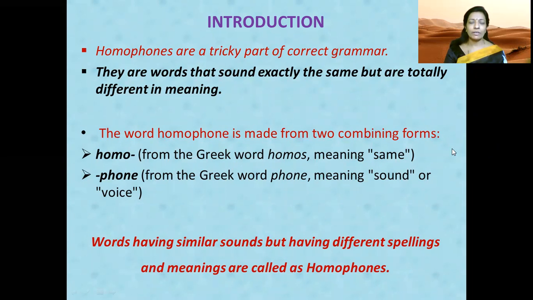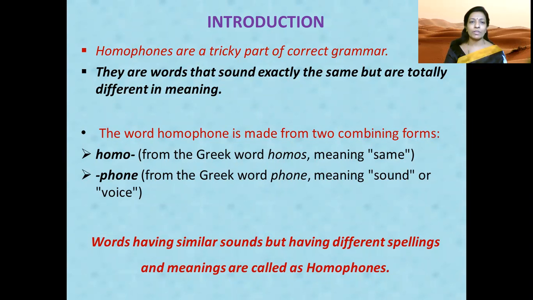If you look at the term homophone, you will see that it is made up of two different words. The first word is homo and the second word is phone. The two words homo and phone combine to form the word homophone. The first word homo is derived from the Greek word homos and means same.